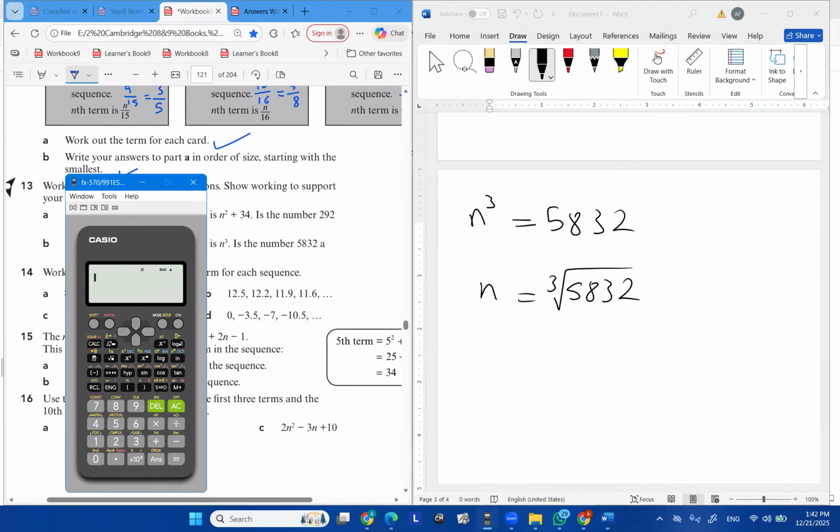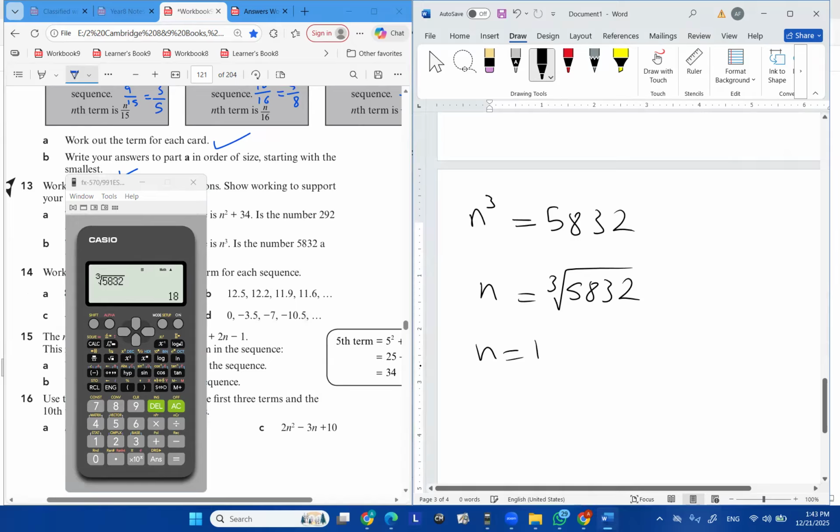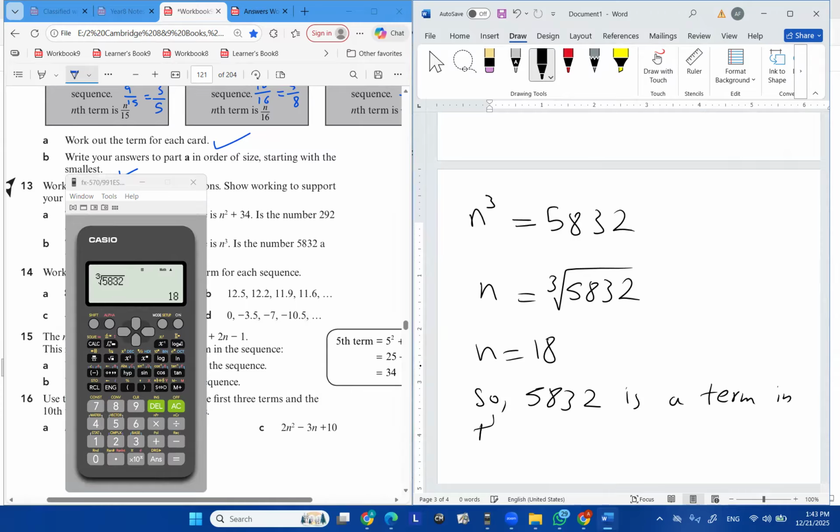If you find that there is an answer to this, the cubic root of 5832 equals 18 exactly. Whoa. So 5832 is a term in the sequence. It is actually the 18th term.